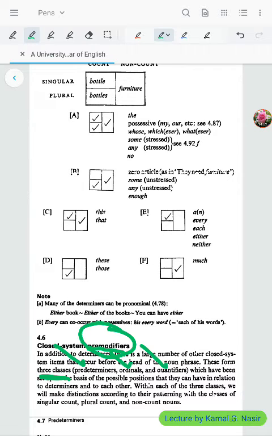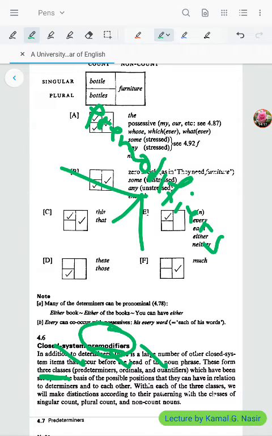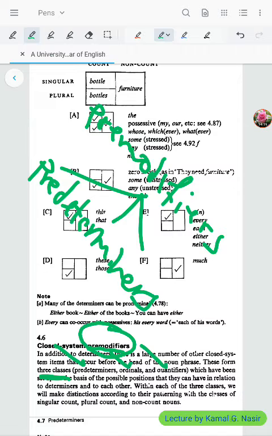Then we say that pre-modifiers are classified into predeterminers, ordinals, and quantifiers.